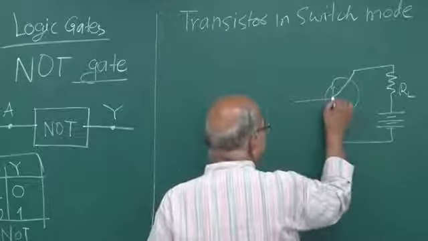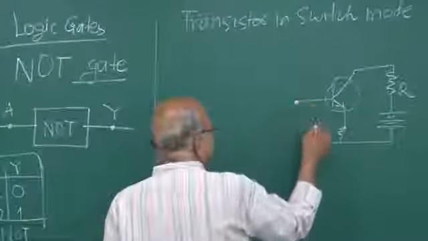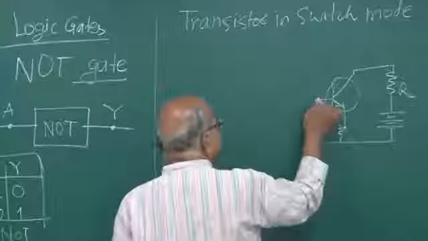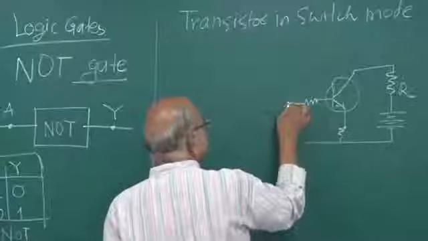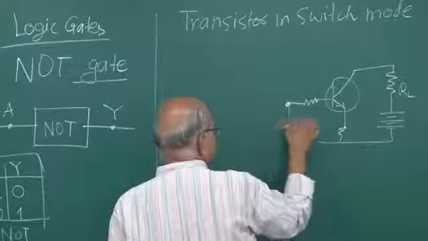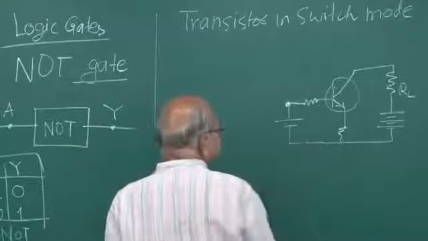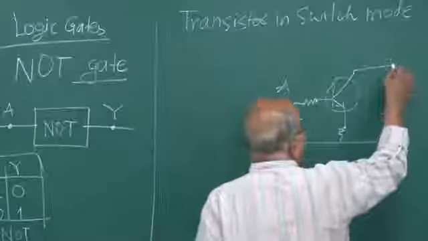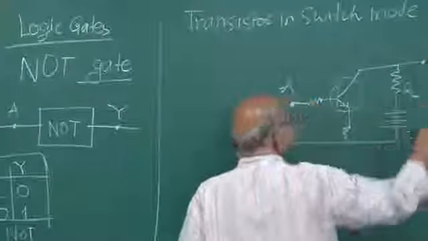And then here is that input, right? So you can put a resistance here, and then this is the input point. So this is that point A, and you can take your output from here. This is the point Y.